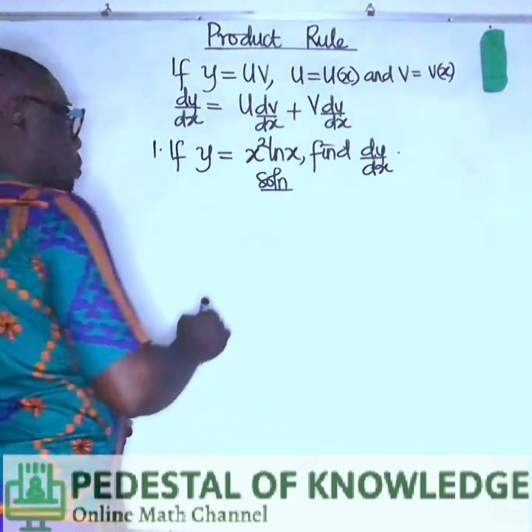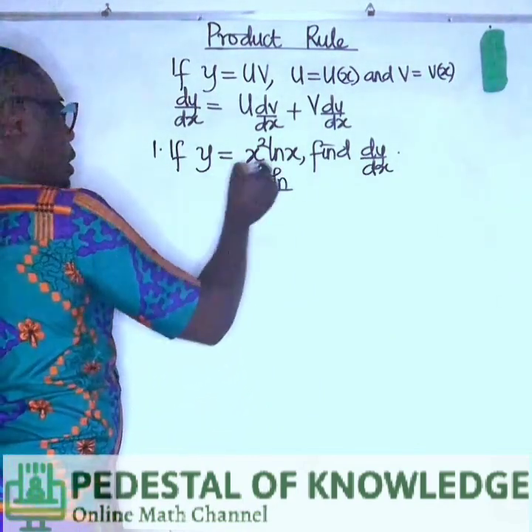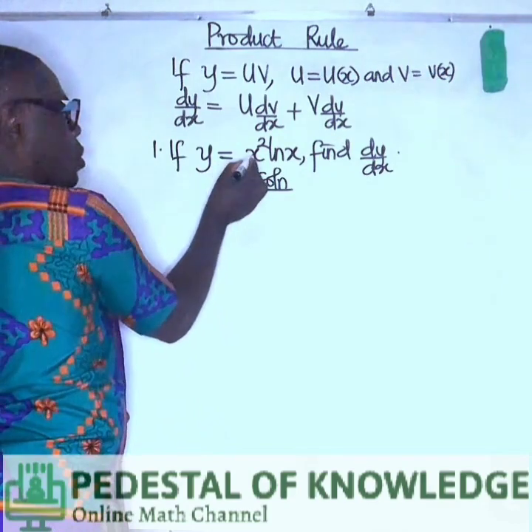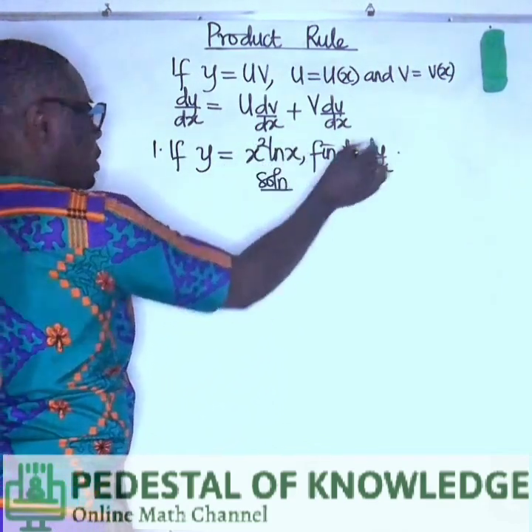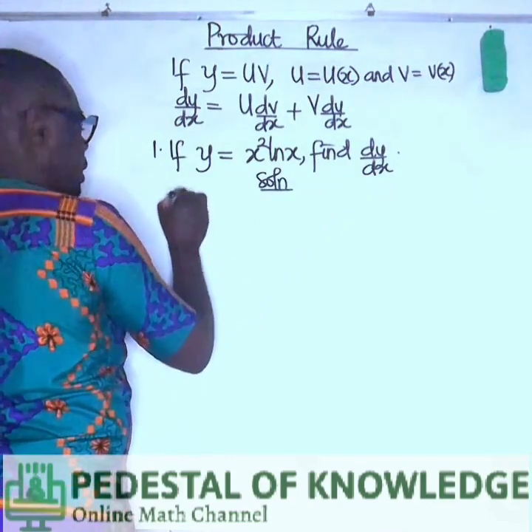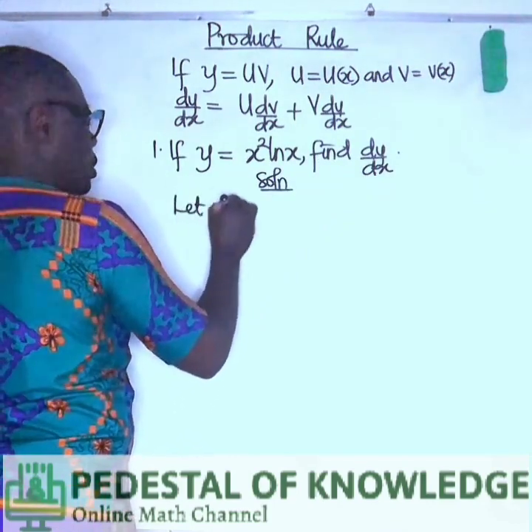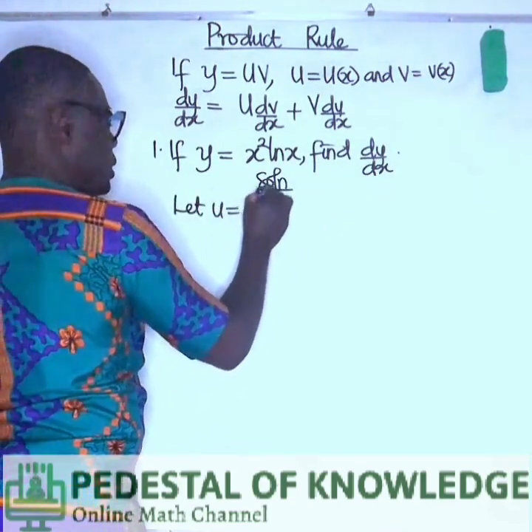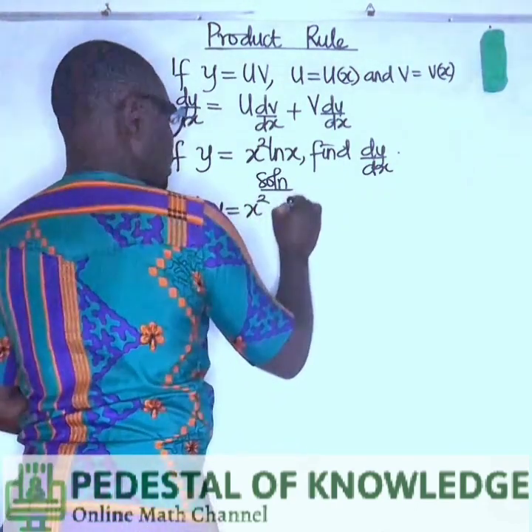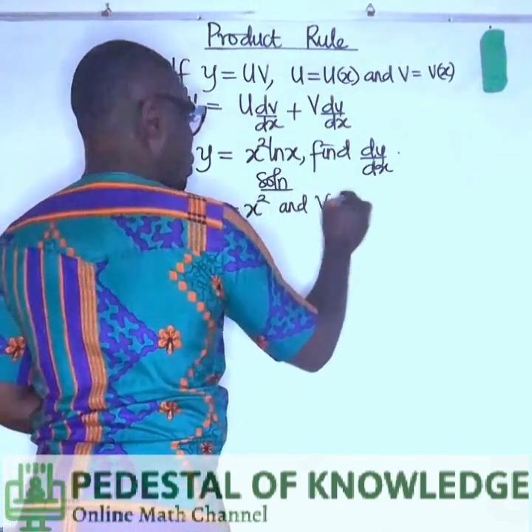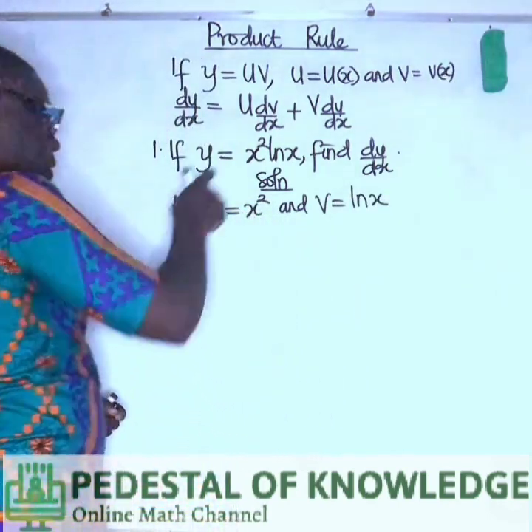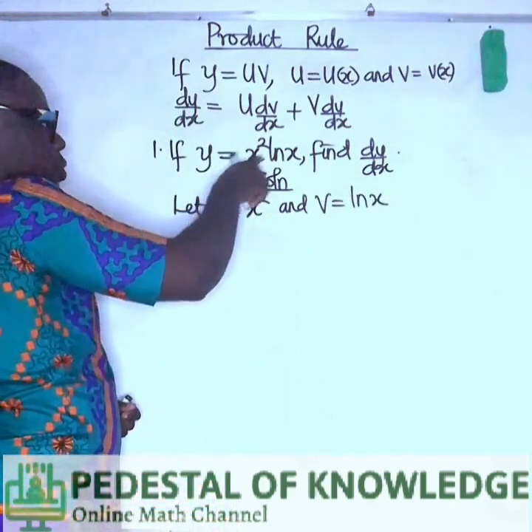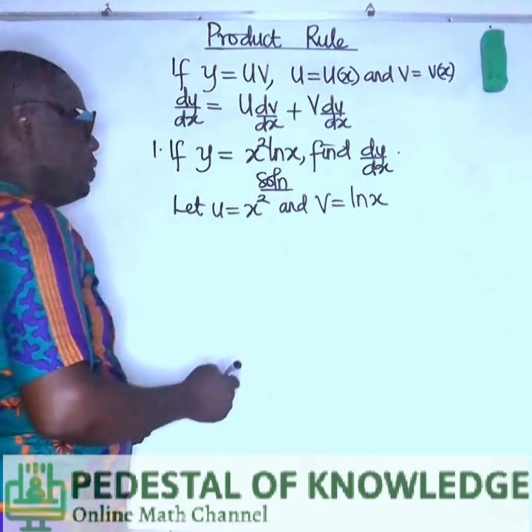Now, here we are going to call x squared u and ln x v. So we now say let u equal to x squared and v equal to ln x. The first parameter is always u, while the second parameter is v.